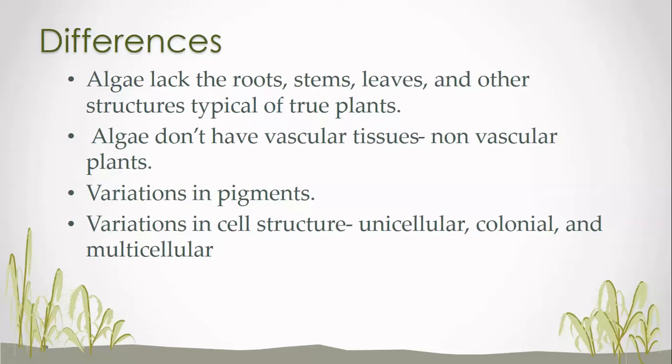Algae don't have vascular tissues. More on non-vascular because algae, the one way to get their nourishment is from the environment through simple diffusion. And variation in pigments. Variation in cell structure, unicellular, pwede silang colonial, and multicellular. So that is the characteristics ng algae. While sa plants, they are multicellular.